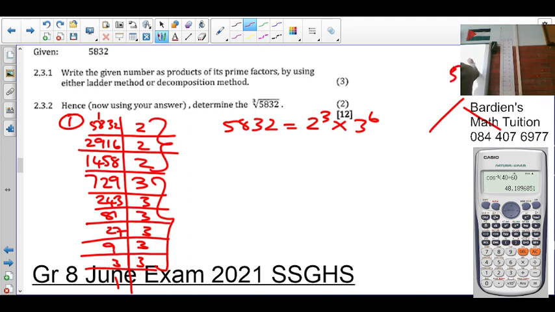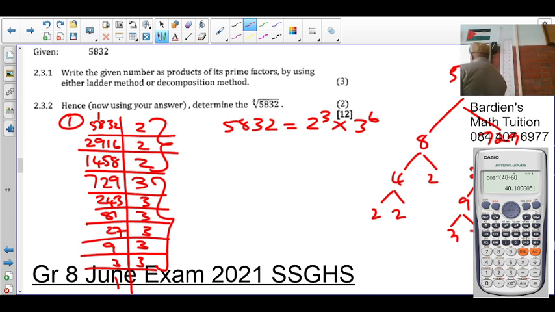So it's 5832. We know that 8 goes into this number 729 times. That is going to be 4 and 2. 4 can be broken up into 2 and 2. 729 is going to be 27 times 27, which is 9 times 3, which is 3 and 3. 9 times 3, 3 and 3 again.